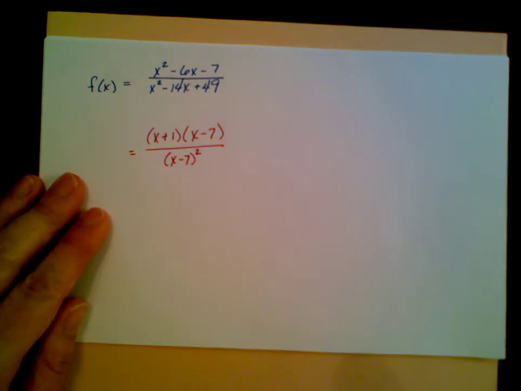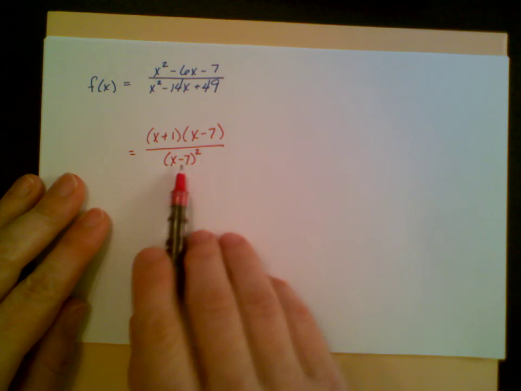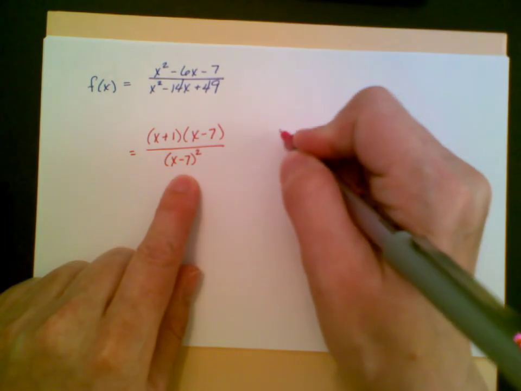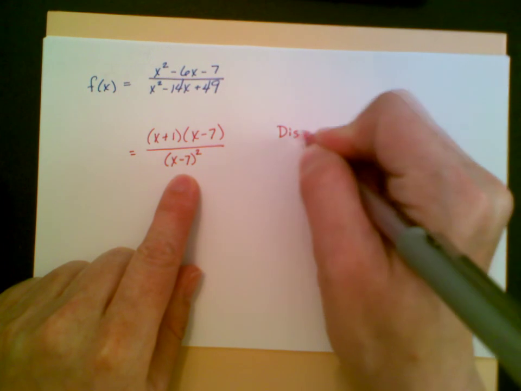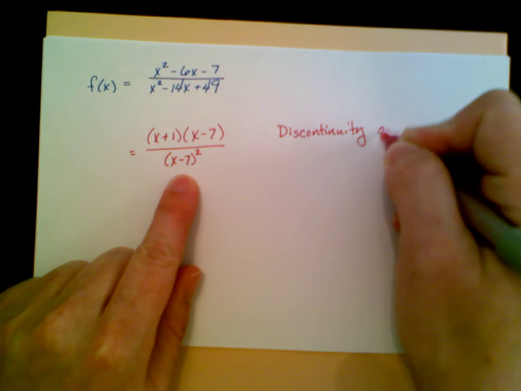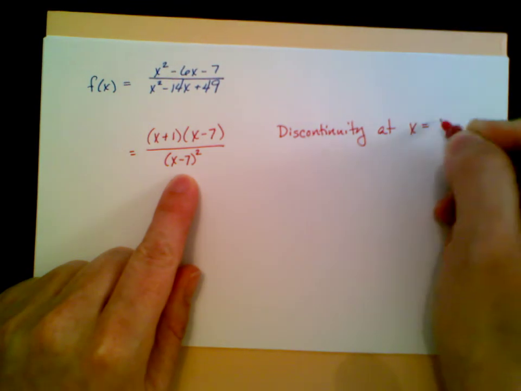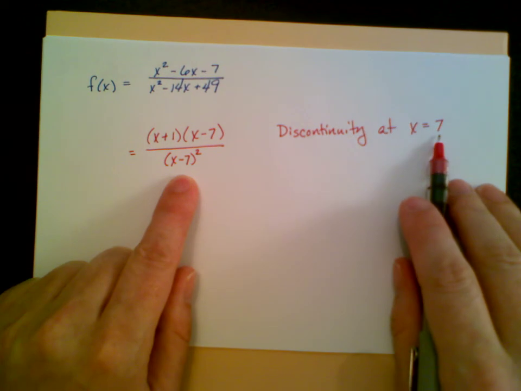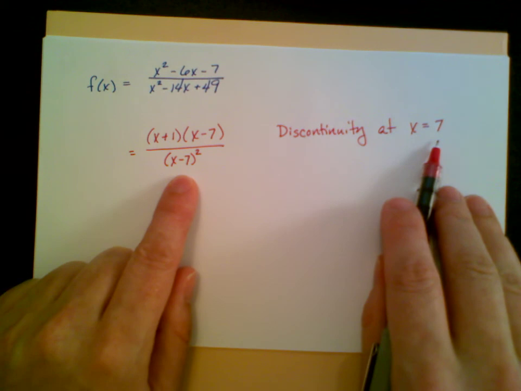First, let's say that I have a discontinuity at x equals 7. When I set the denominator equal to 0, that is the one solution that this will give me. I have a discontinuity there.